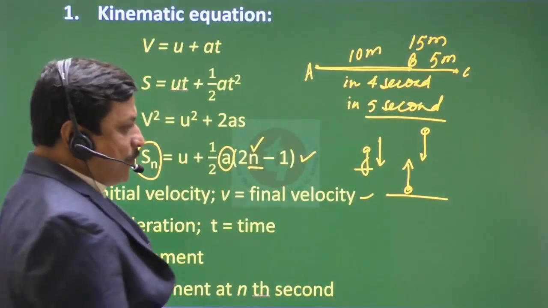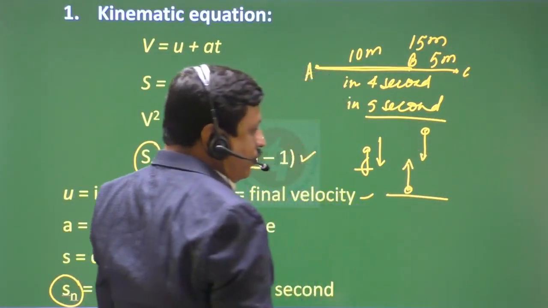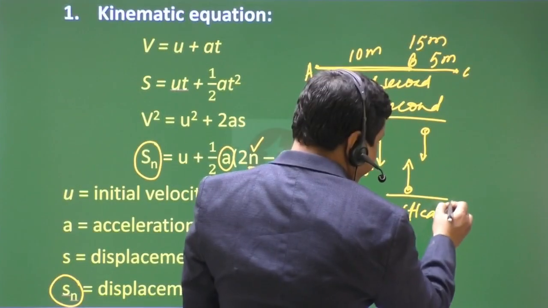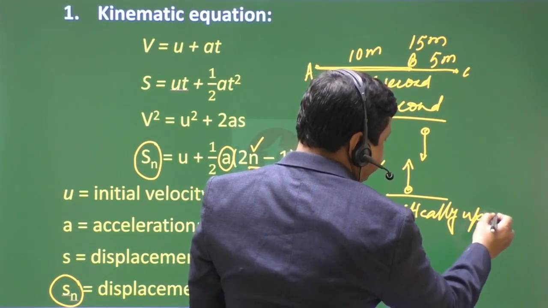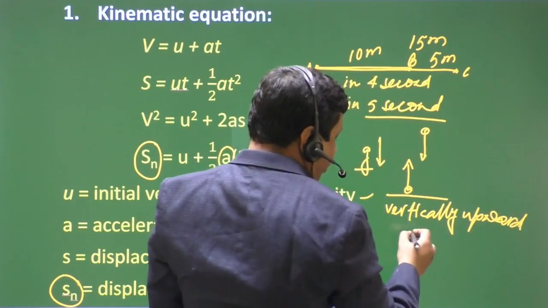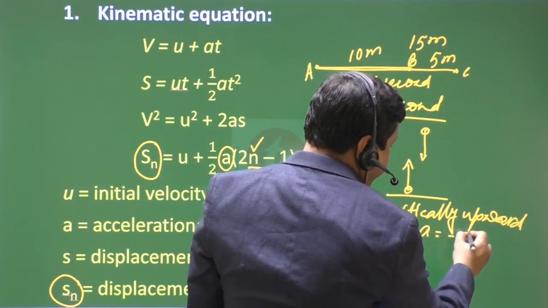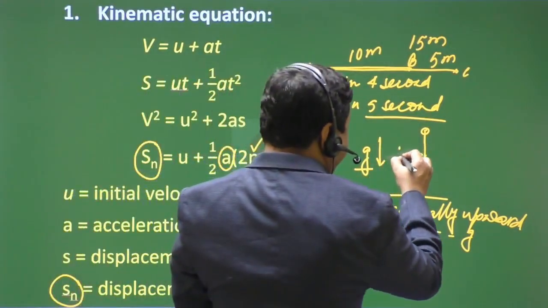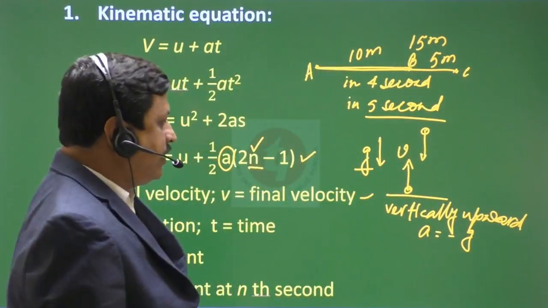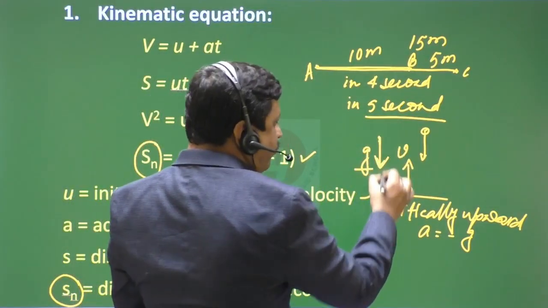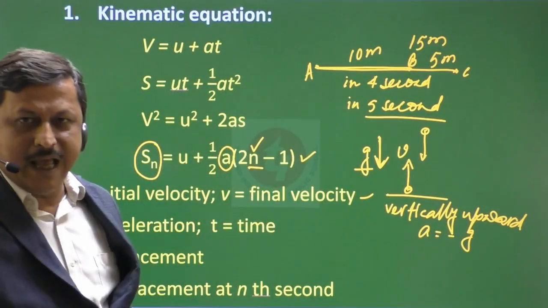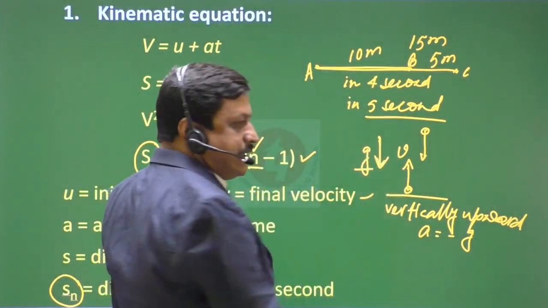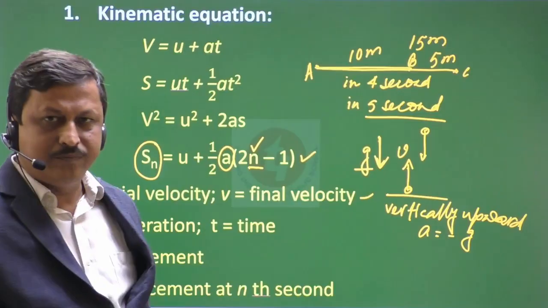Okay, when a particle is thrown vertically upward, you have to take a equals minus g. Why? Because the velocity is upward in direction, but acceleration due to gravity is vertically downward, so you have to take a as minus g, because velocity and acceleration are opposite in direction.